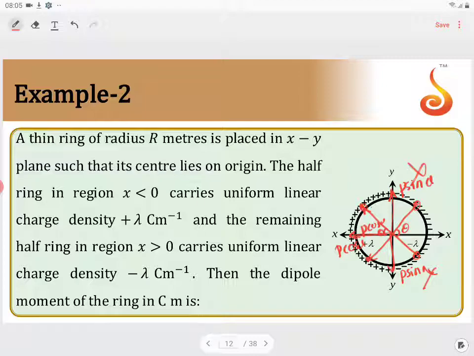Only p cos theta will be there. So effectively, each dipole will form a dipole moment of p cos theta only. And the separation between the negative charge and its positive charge is 2r. R is the radius of the ring and 2r is the diameter of the ring. Remember that.